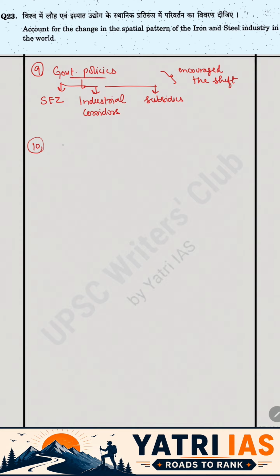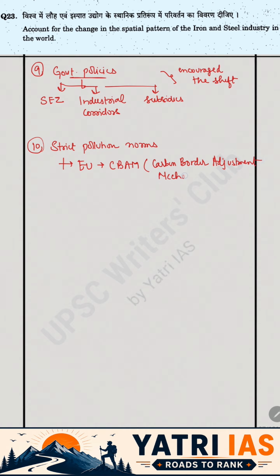After that, we would also mention strict pollution norms, like EU has a mechanism called CBAM, Carbon Border Adjustment Mechanism, and this has shifted polluting industries to developing countries. Then you see transition to green steel.